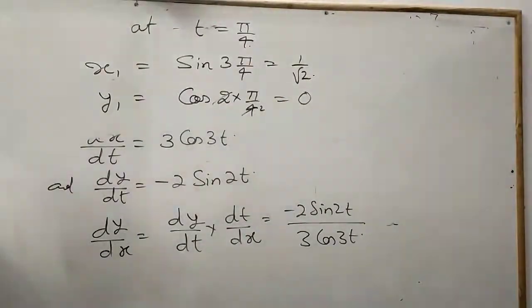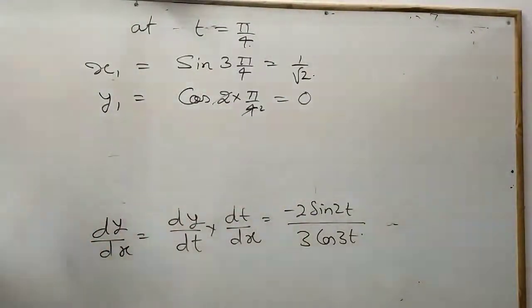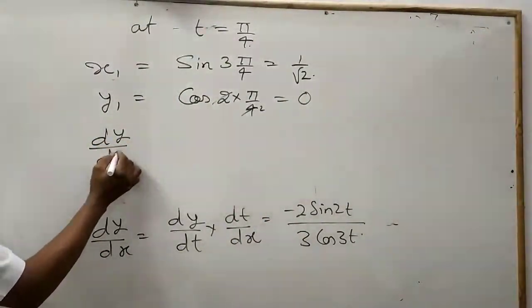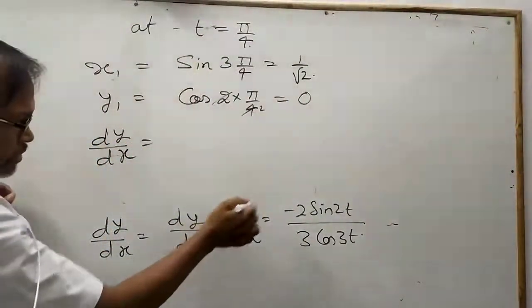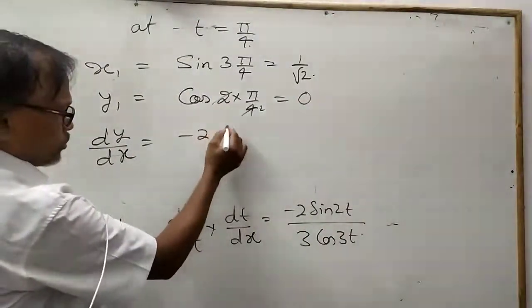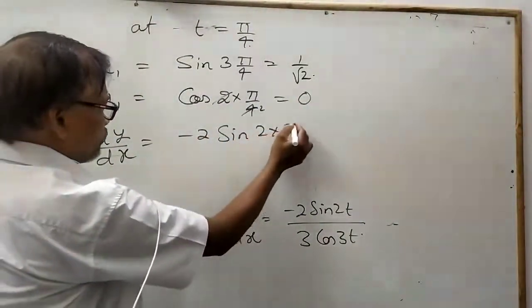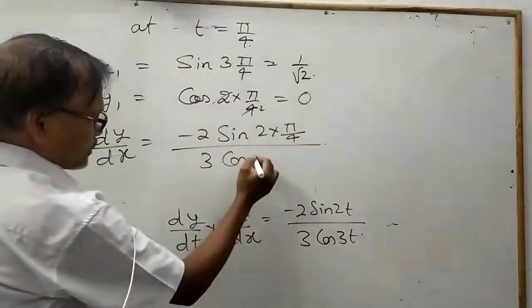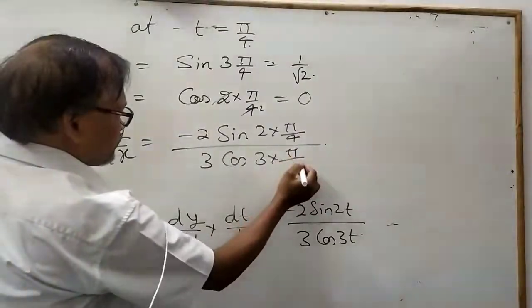Okay, cos 90. And what is the value of this dy by dx at t is equal to pi by 4? So minus 2 sine 2 into pi by 4 and 3 cos 3 into pi by 4.